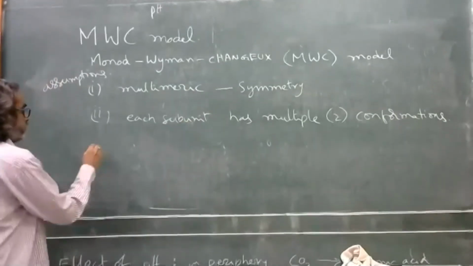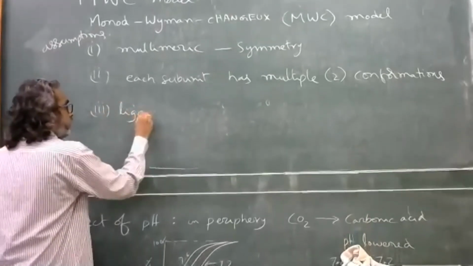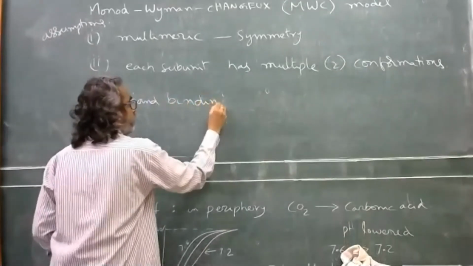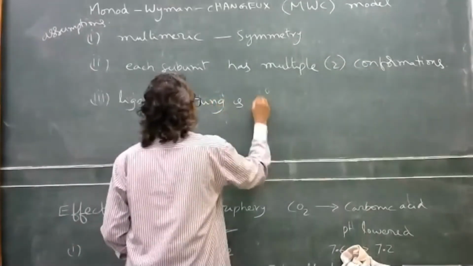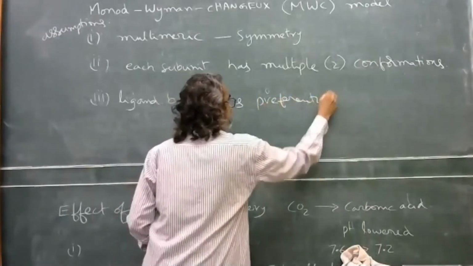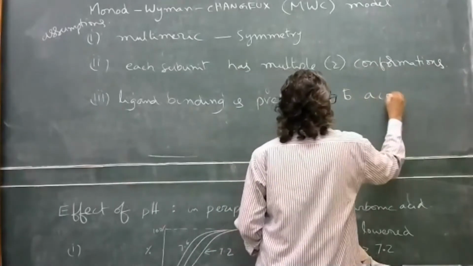Okay. And the third one is that ligand binding is preferential to a conformation.